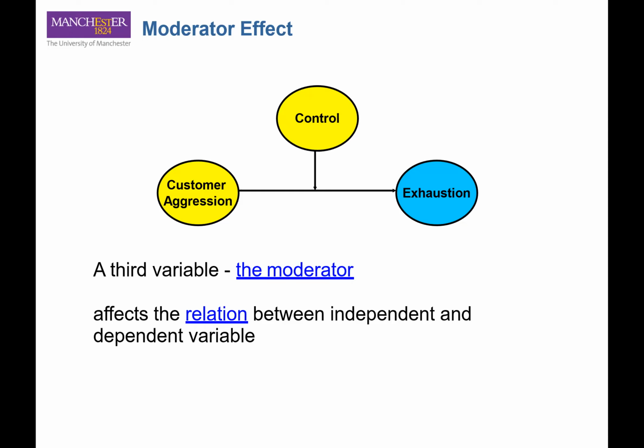If work control is higher, even though customer aggression is high, the employee's exhaustion is not as bad as in the situation where they have lower control. Because if people have lower work control, we believe customer aggression will have a stronger effect on employee exhaustion. This is the basic logic behind the story.